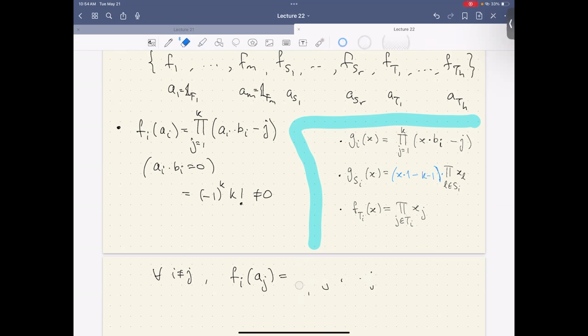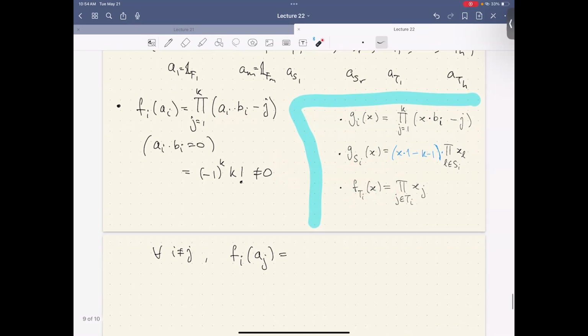So let me not write this. But what is this? Well, Aj times Bi is precisely Fj intersecting the complement of Fi. So Aj times Bi is Fj intersecting Fi complement, which is the same as Fj minus Fi. Okay?